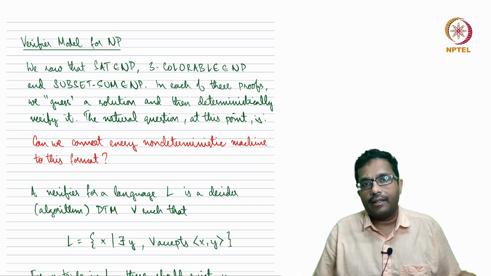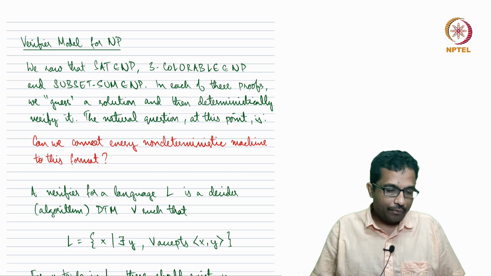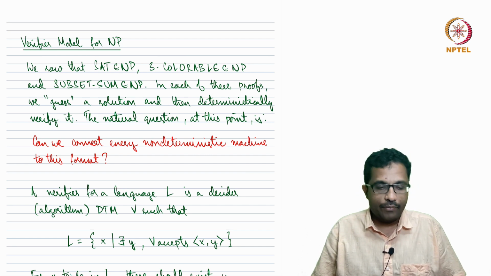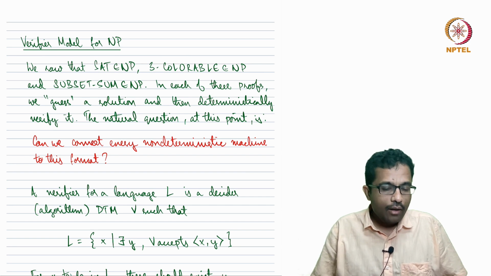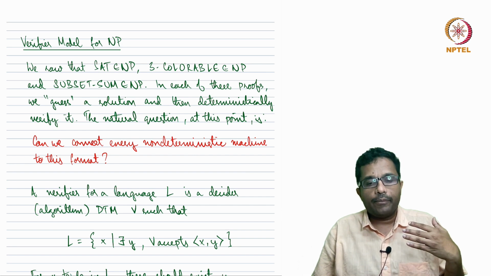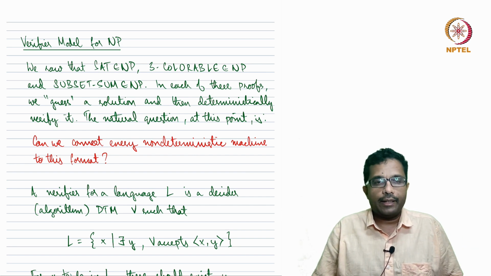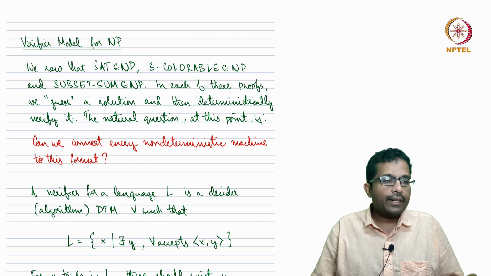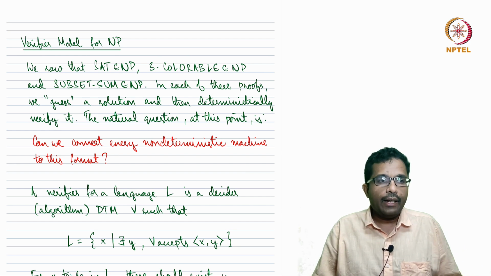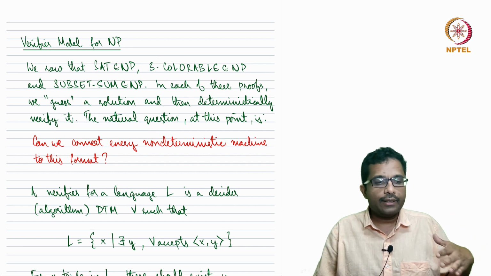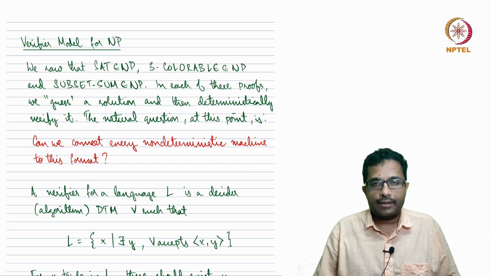In the previous lecture, we saw a couple of languages that are in NP. One was SAT, one was 3-colorability, and one was subset sum. If you recall the proof that these three languages were in NP: in the case of SAT, we guessed an assignment of the variables involved and then checked that this assignment is a satisfying assignment.